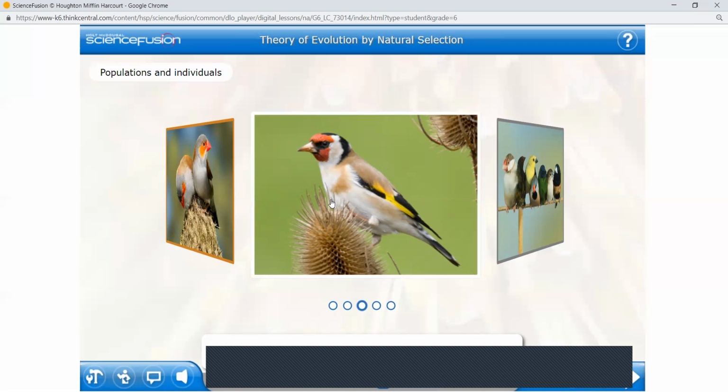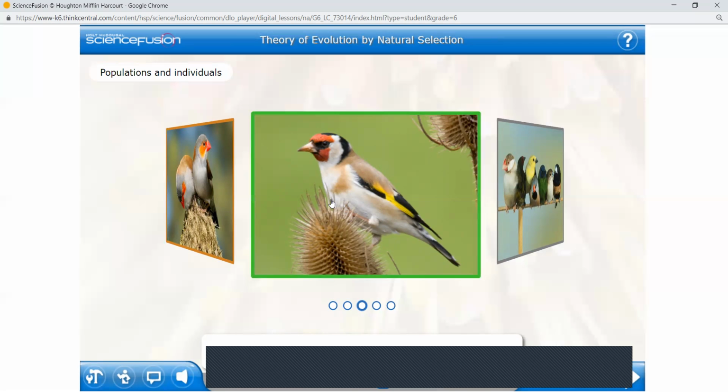If they are the same species in the same area, I told you it's a population. If they are different species living in the area, that is a community. So different populations make a community, and many communities with the non-living make the ecology.